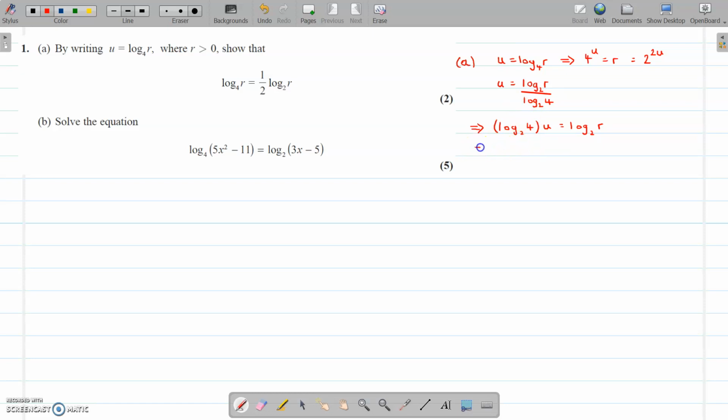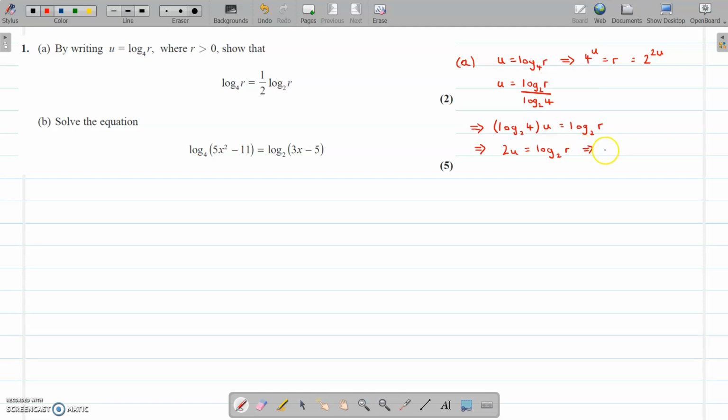So it implies that 2u equals log to base 2 of r. Okay, and it's now starting to look a bit like what we're looking for. If I divide both sides by 2, I get u equals, I'm going to use this space over here.